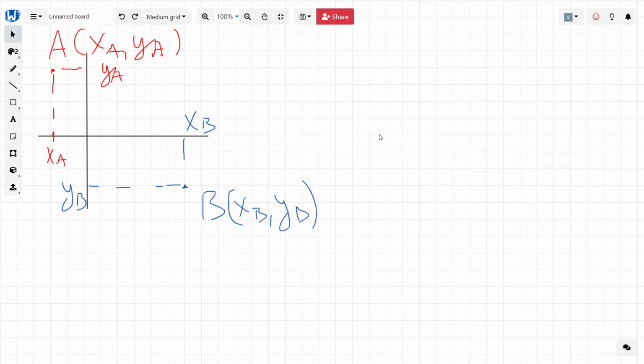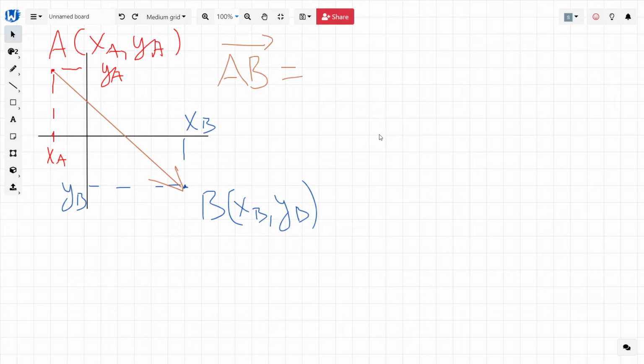Now what we're going to do is connect those 2 points with a straight line or segment, like this. And we're going to put an arrow at point B. So it's a vector that goes from point A to point B. Okay? And we're simply going to define this vector, AB, via coordinates.